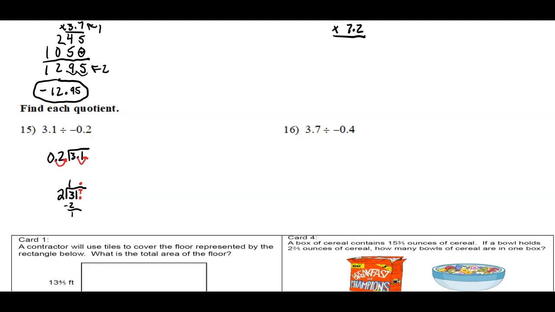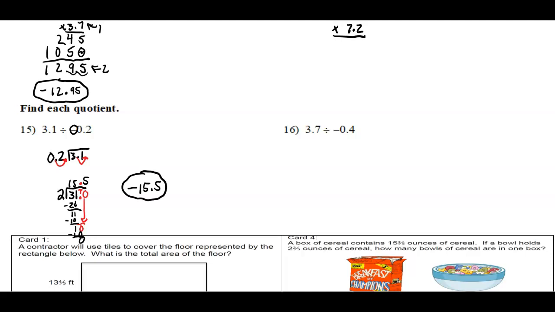There's 1 left over. Drop down your 1. 2 into 11, 5 times. That's 10. There's 1 left over. Now here's where I've got to add a 0 and drop it on down. So 2 into 10, that's 5 times with nothing left over. So my answer is negative 15.5 because, again, I only had one negative sign. Don't lose track of those negatives.